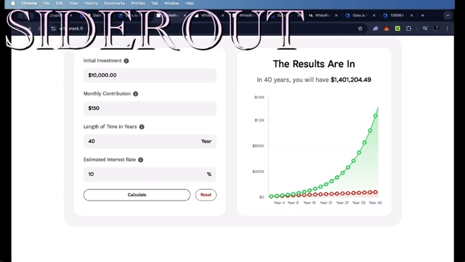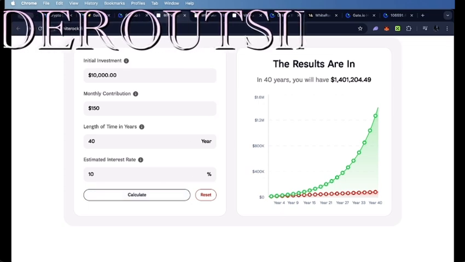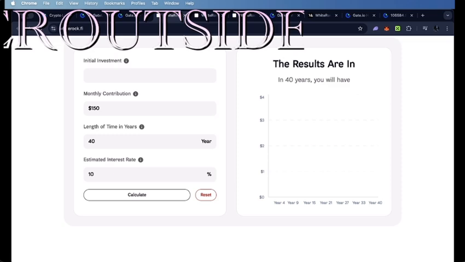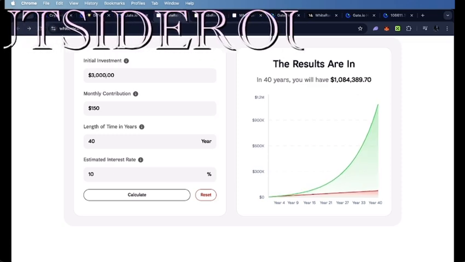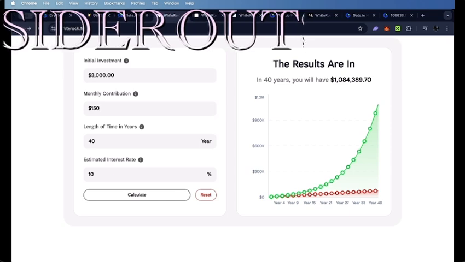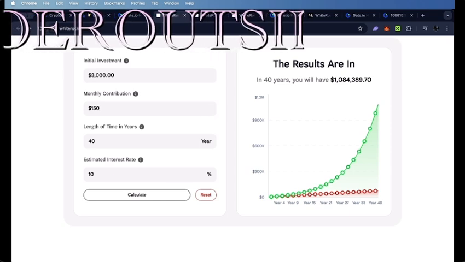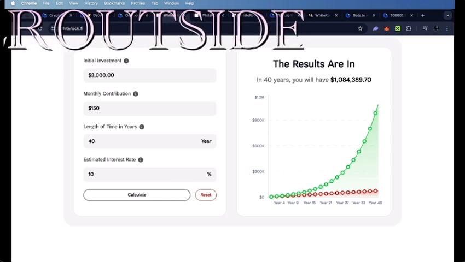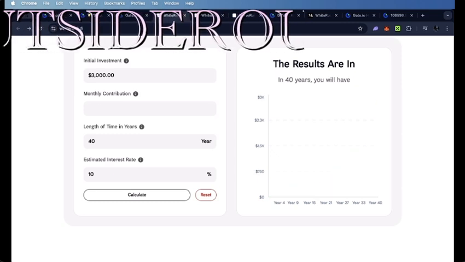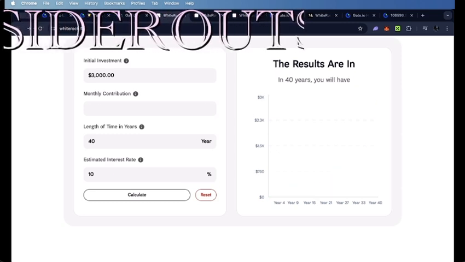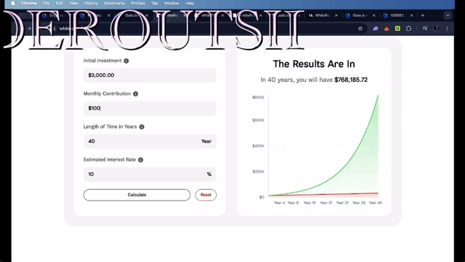Okay, let's calculate. Let's say I put 3,000. Monthly contribution, let's say 200 or 1,000.